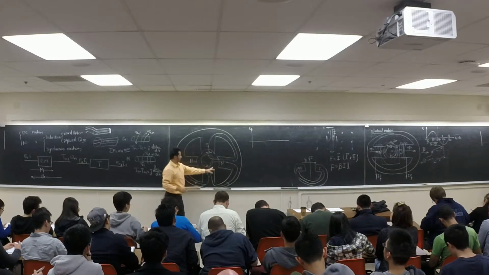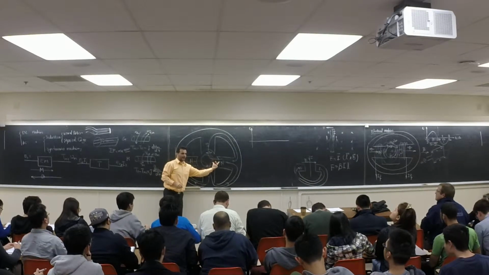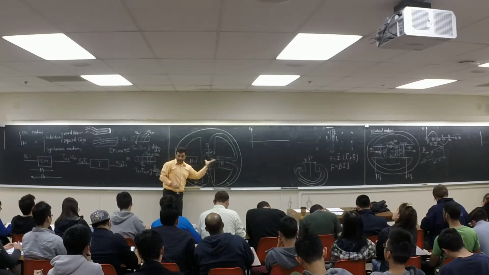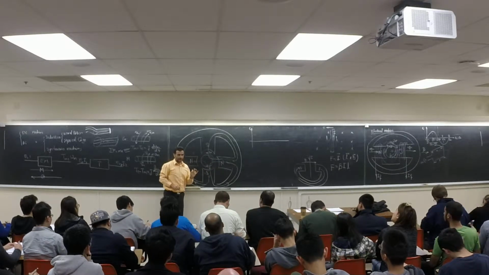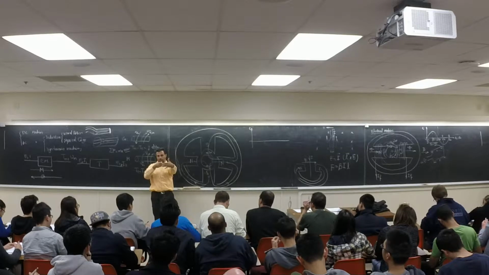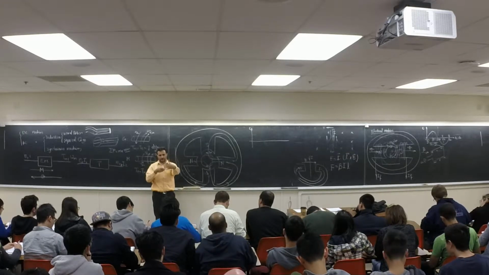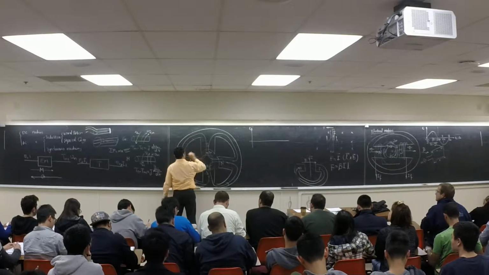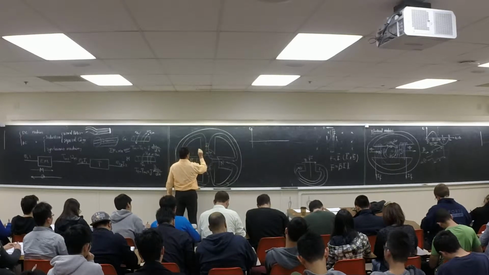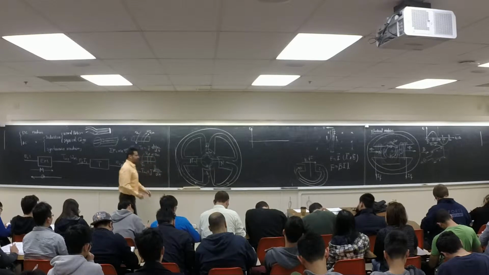See here, this is called the air gap. It's extremely exaggerated. The air gap is about 1 or 2 millimeters. If you look at the cross section of a motor, you can barely see the air gap. You cannot see it by eye. So again, going from N to S. This is the direction of my flux.